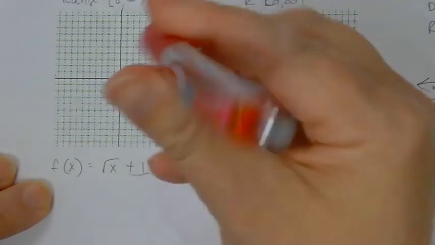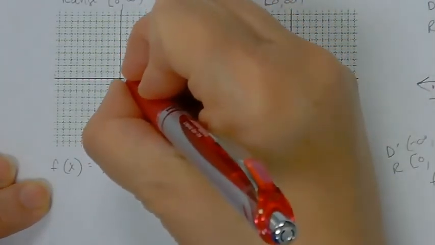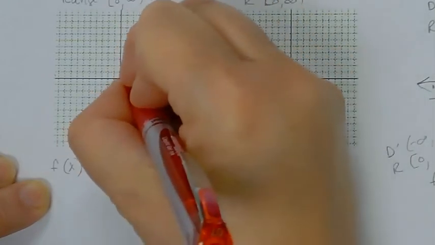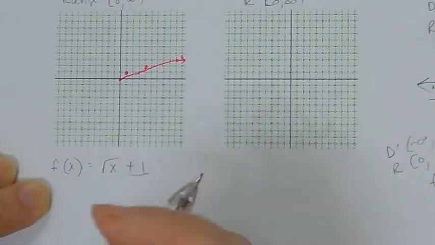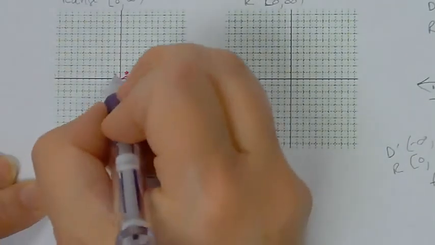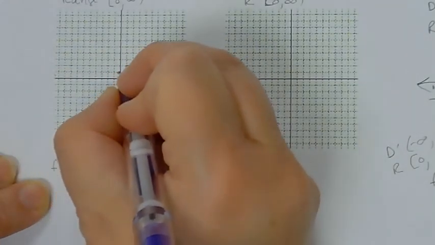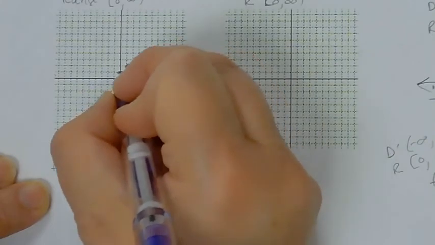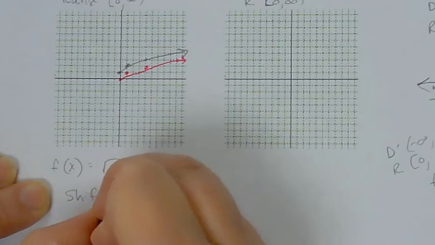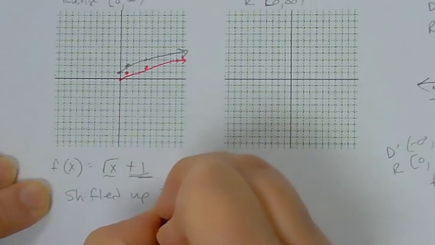Let's think about our parent function. Parent function is this. But this time it's the parent function, but add 1 to get the y value. So that's just going to take this thing and scoot every single number up 1 unit. So we would say this is shifted up 1 unit.